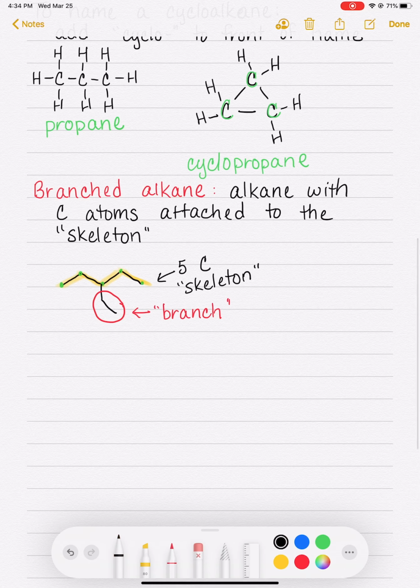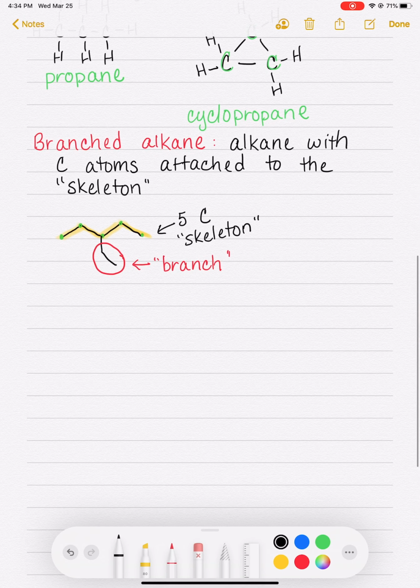Here's another example of a branched alkane. So we have our skeleton, just the continuous chain of carbon atoms. And this time we have a few branches in a couple spots. Branch.